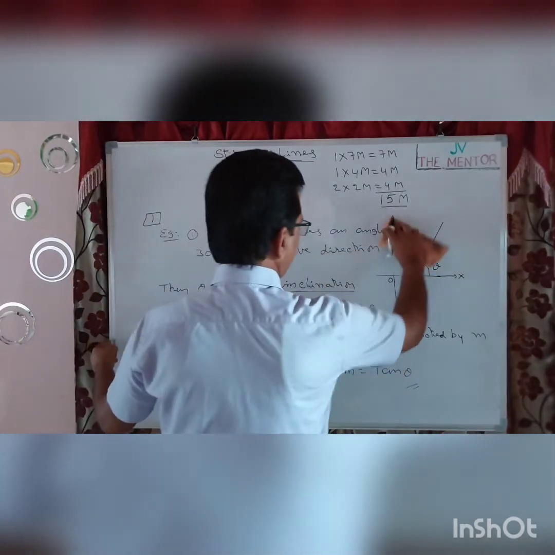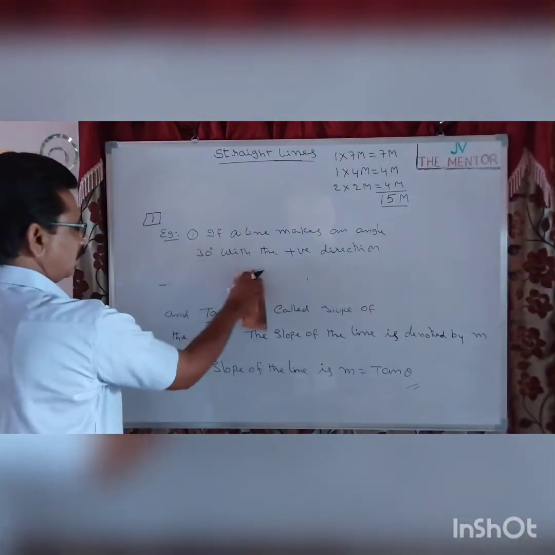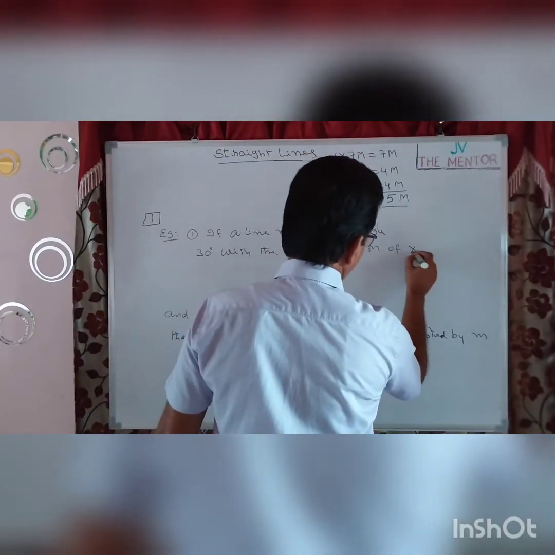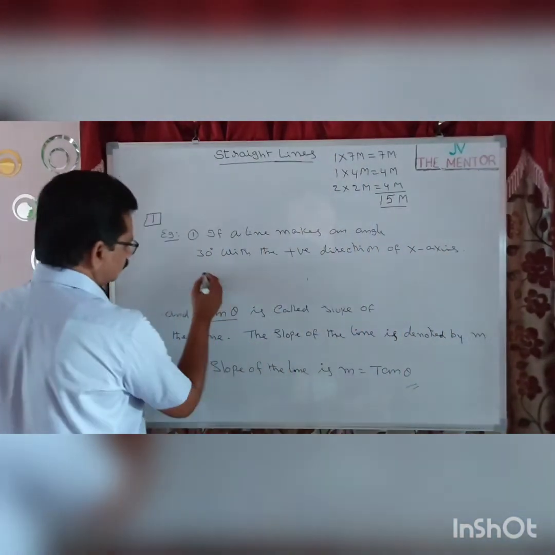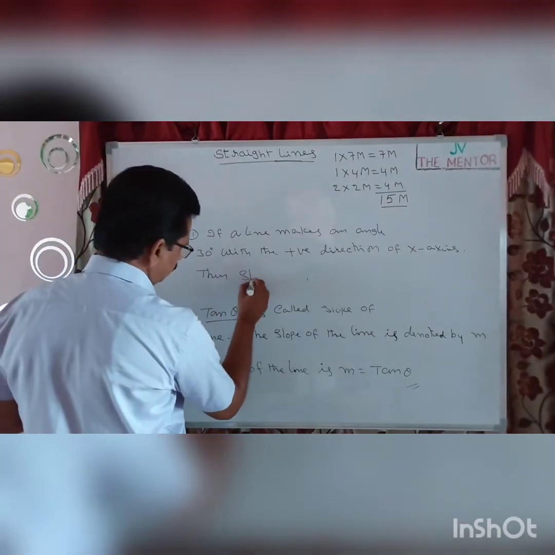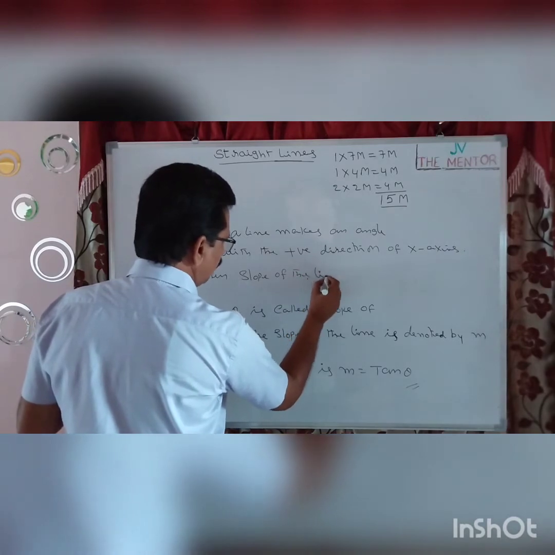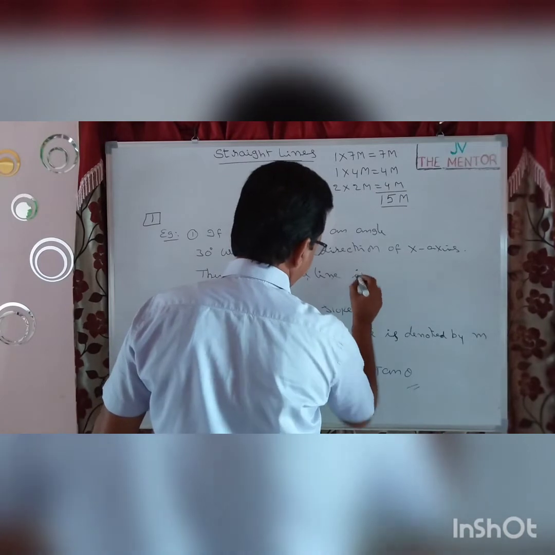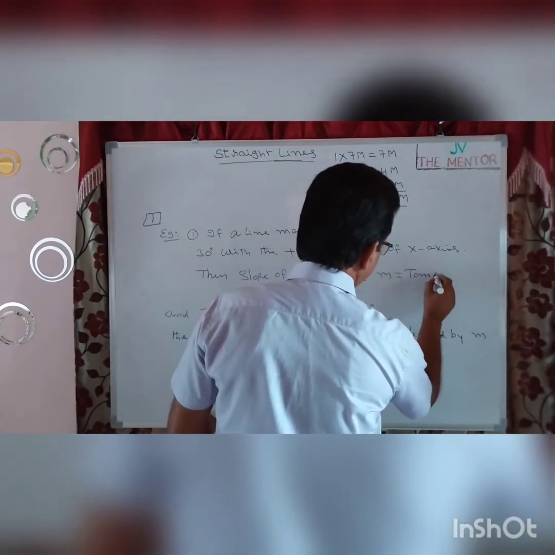then the slope of the line is m equal to tan theta.